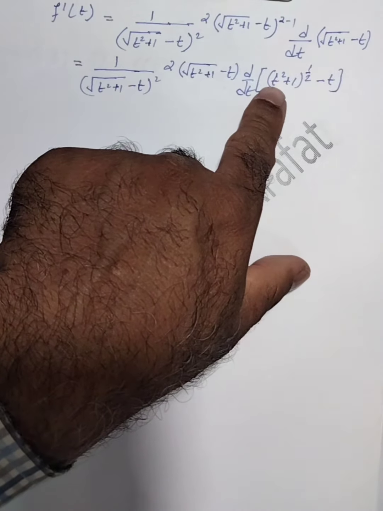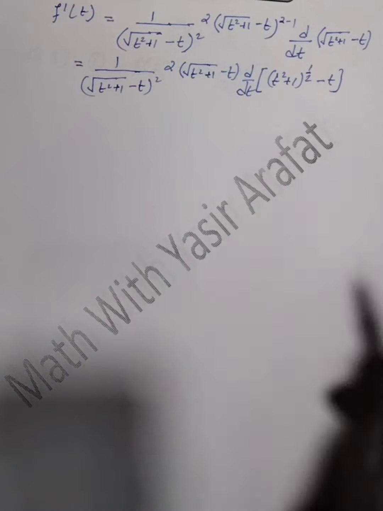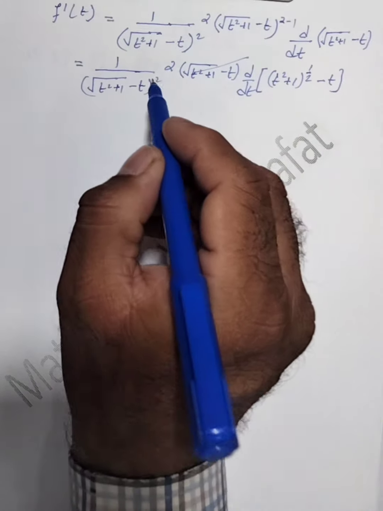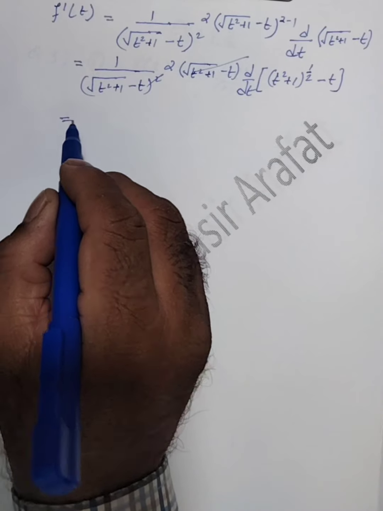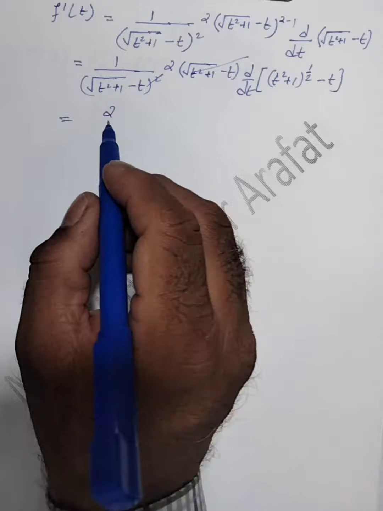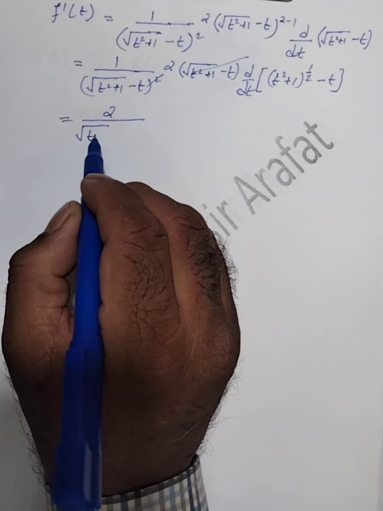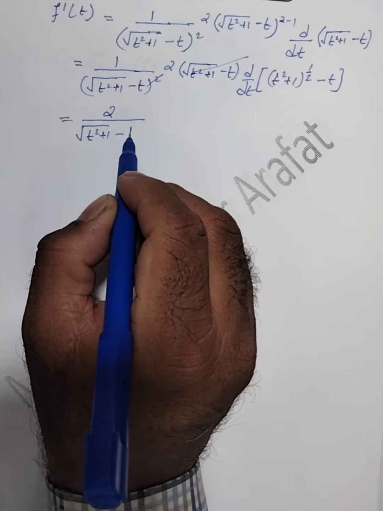On this one we have to apply the power rule, and the derivative of t will be equal to 1, and this function will cancel out with this one. So the numerator is 2 over the radical of t square plus 1 minus t.